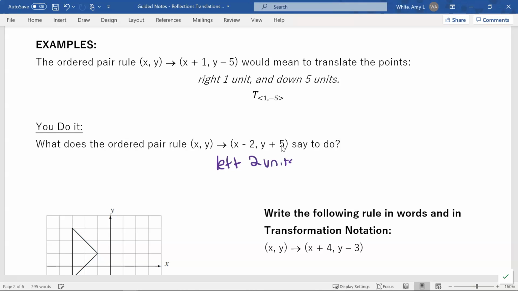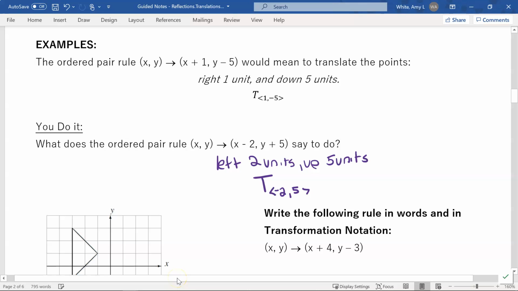And then y plus 5 tells me I will be going up 5 units. We could write this in transformation notation with a capital T, and then our subscript, we're going to do our vector, so pointy bracket, negative 2, and positive 5, and I close the bracket. And this would be our transformation notation.